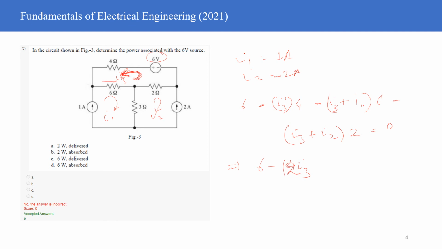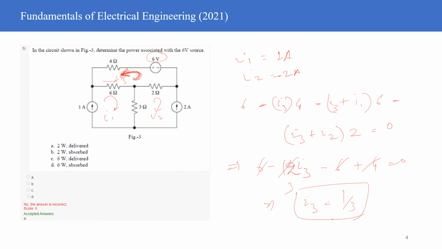And here we know that I1 is equal to 1 ampere, so it will be minus 6. And then I2 is nothing but minus 2, so it will be plus 4, and then this will become 0. So 6 and 6 gone, and then this is 3 times I3. So I3 is nothing but 1 by 3, right?